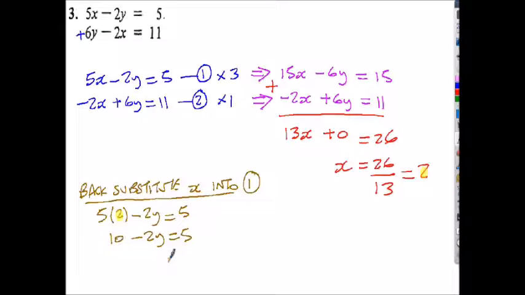I'm going to subtract 10 from both sides of the equation, so negative 2y is equal to negative 5, and I'll divide both sides of the equation now by negative 2, so y is equal to negative 5 divided by the negative 2, so I get 2.5.